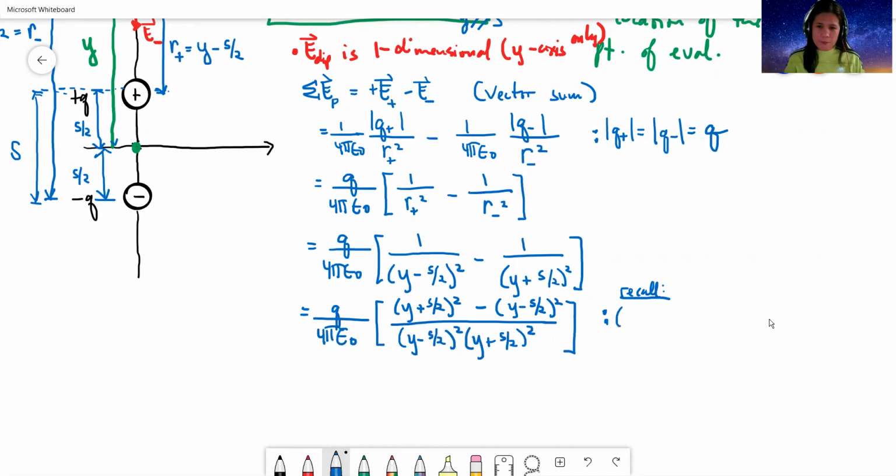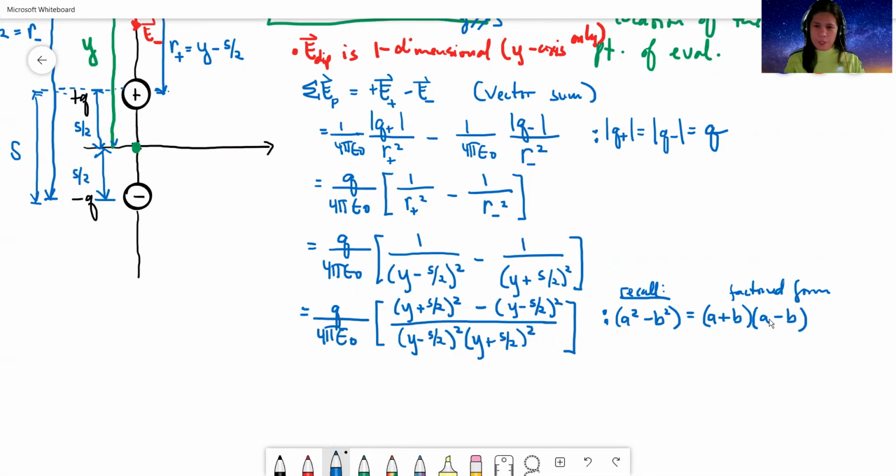The difference of two squares, in factored form, is the product of a sum and difference, right? So we get the square root of the two, a plus b times a minus b.